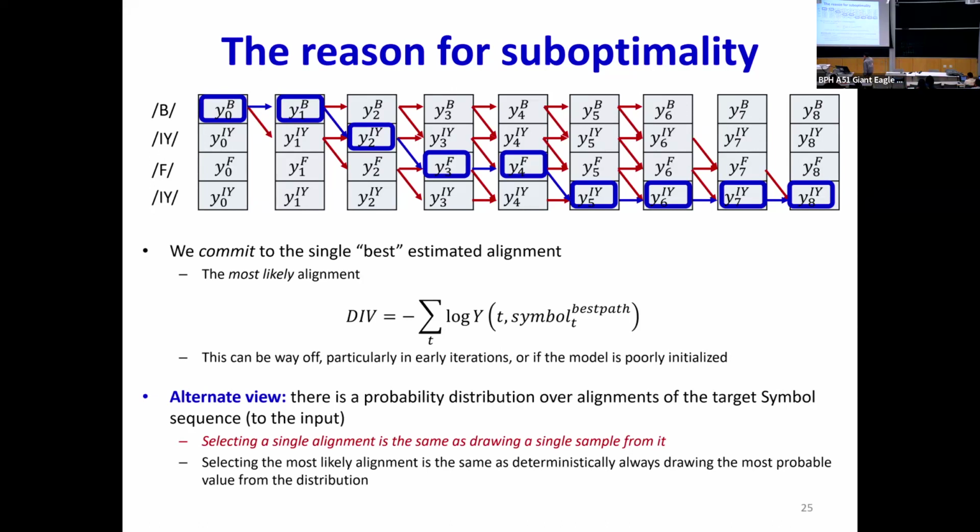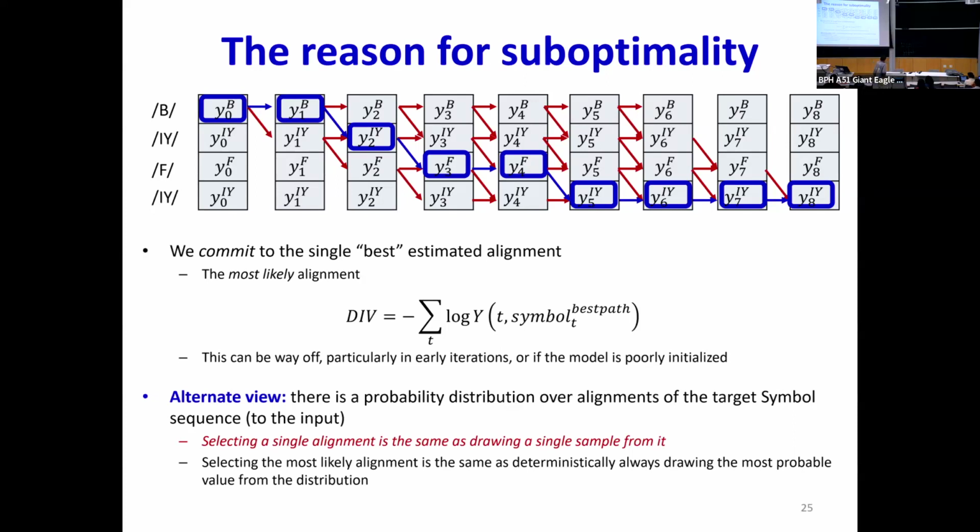Now, once I think of it this way, here's a second way of looking at it. Corresponding to every one of these alignments is a probability, right? Let me assume that all alignments are possible, but each with a different probability.